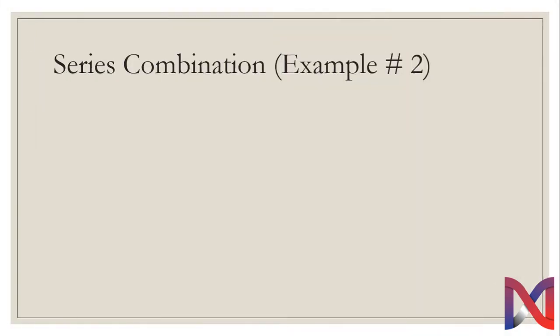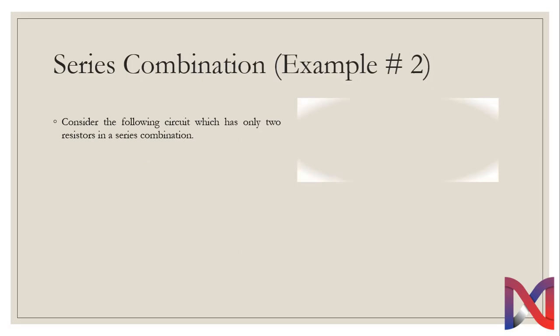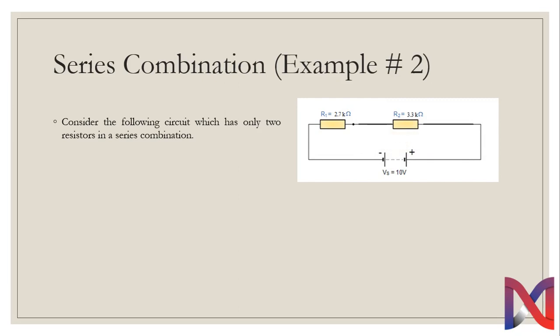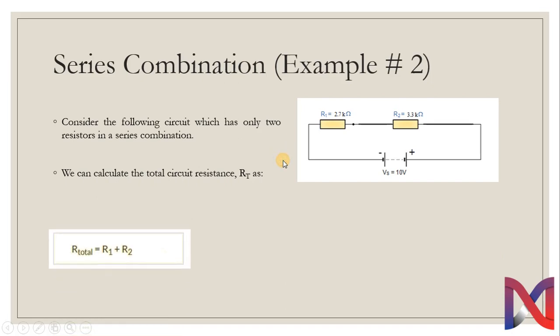Let's have a look at the second example. Consider the following circuit which has only 2 resistors in series combination. Here we have 2 resistors, 2.7 kilo ohm and 3.3 kilo ohm. We can calculate the total resistance of the circuit as R total is equal to R1 plus R2.